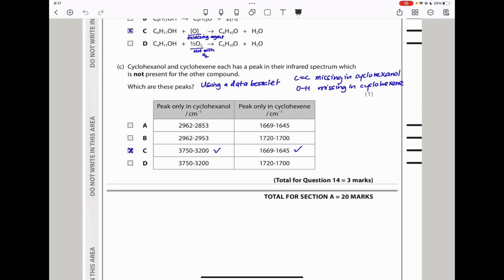So the peak only in cyclohexanol is going to be this because of the OH. And the peak here in cyclohexene is going to be the carbon-carbon double bond due to this one here. So the answer should be a C. To be able to answer part C of question 14, you have to refer to your data booklet and look for the wavenumbers of these two bonds, the carbon-carbon double bond and the OH bond, in order to predict which answer should be correct, but it should be a C.